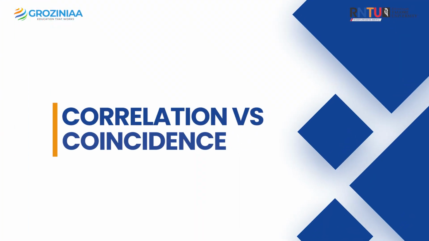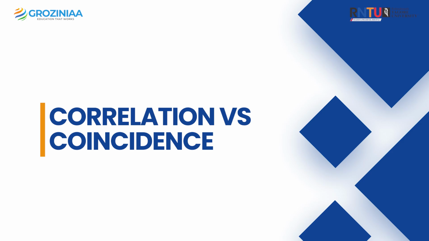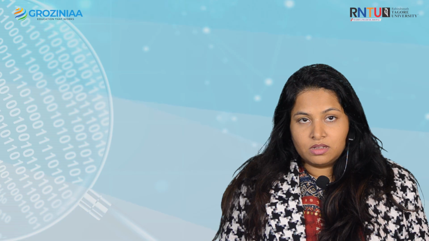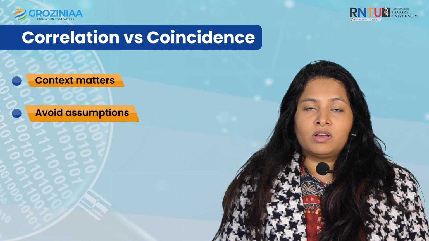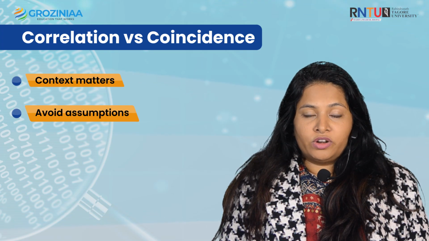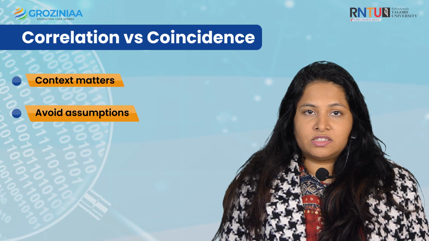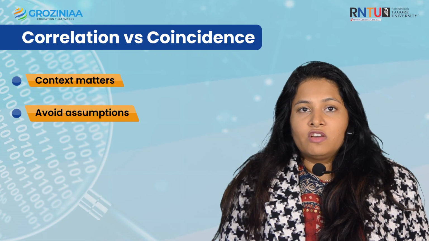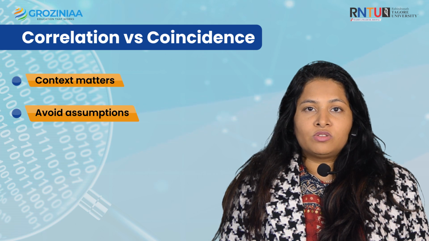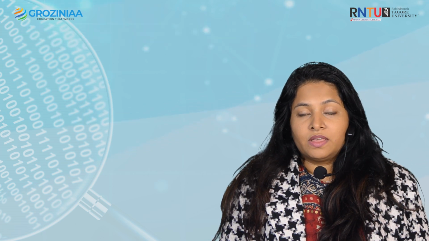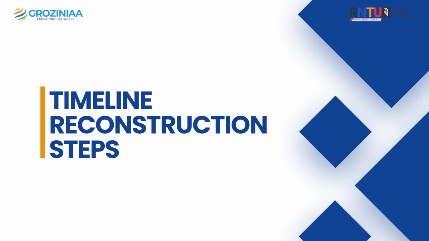It's time we understand the difference between correlation and assumptions. A common mistake is assuming causation from a single artifact. Correlation requires supporting evidence from different sources. Forensic conclusions must be based on convergence, not speculation. It's important we understand the building of a timeline step by step.